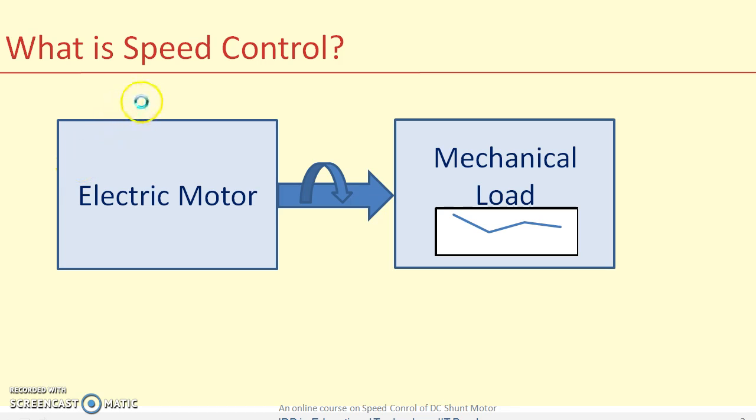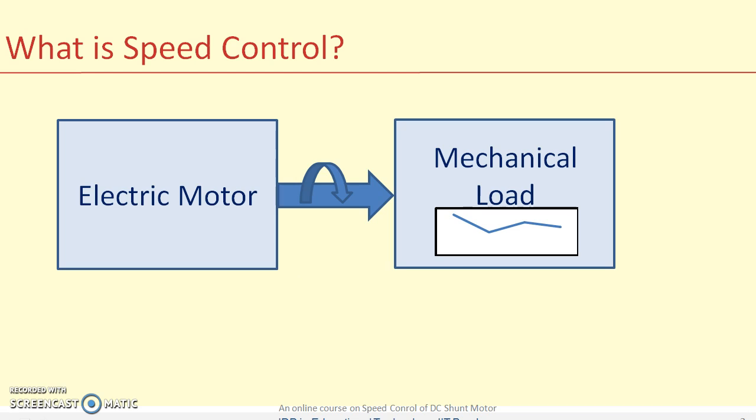Even though it is a DC shunt motor, it has slightly drooping characteristics with respect to increase in load. DC shunt motor is called a constant speed motor, though it has slightly drooping characteristics with respect to increase in load.